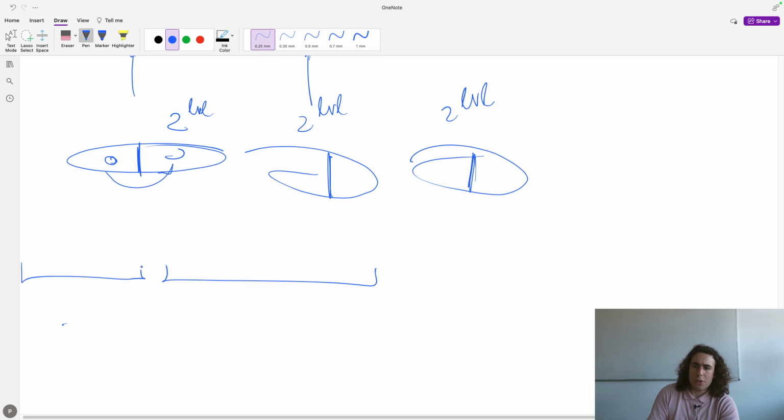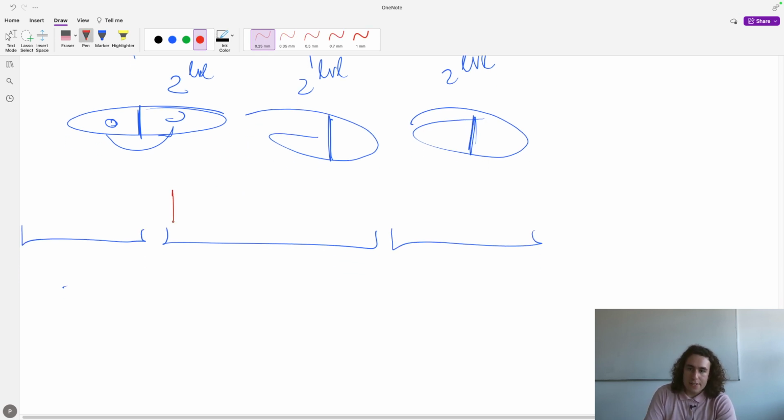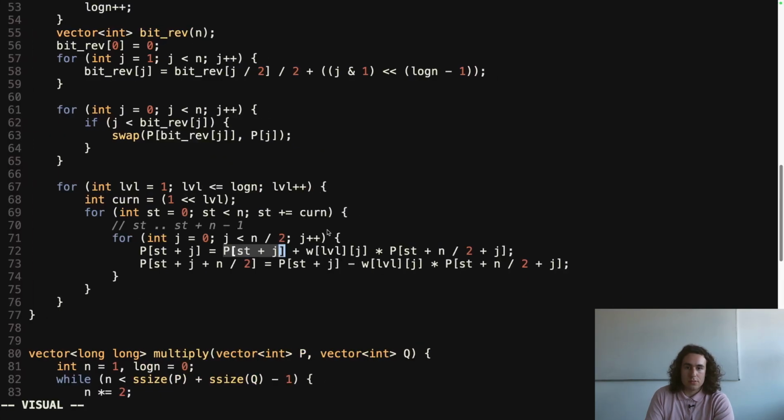Like we broke our array into subarrays of size char n. This is our current subarray. This is position start. Here we store p even, and values of p odd are stored in the second half. So the second half starts with st plus char n half, right?